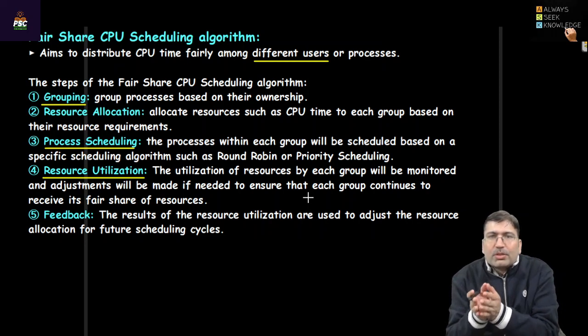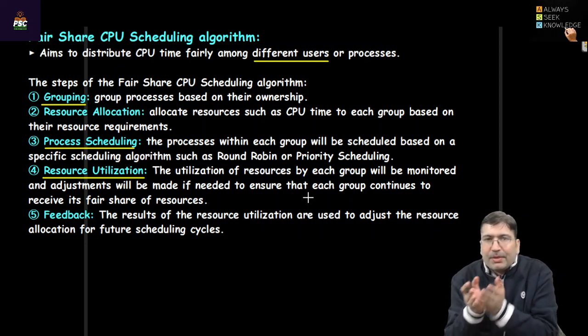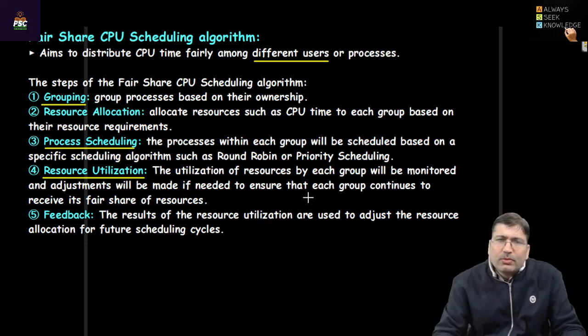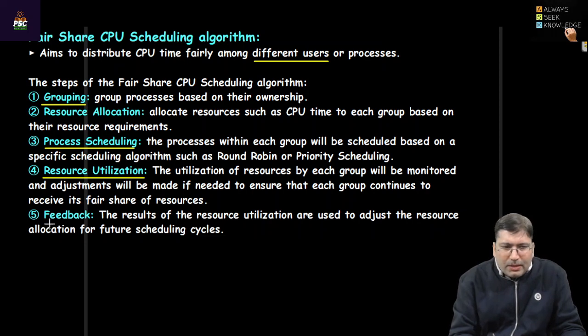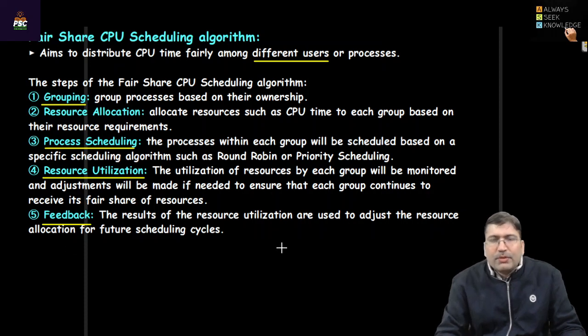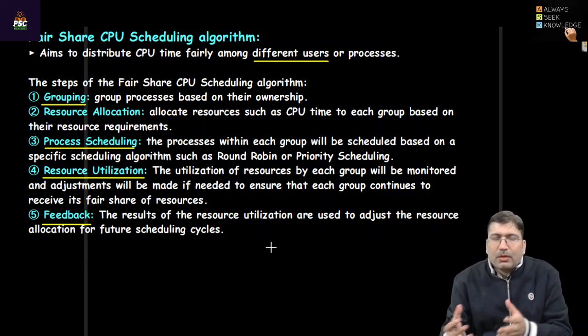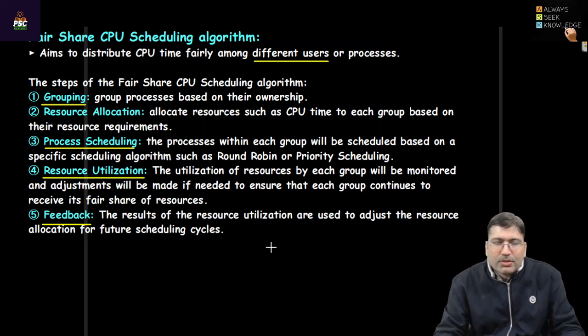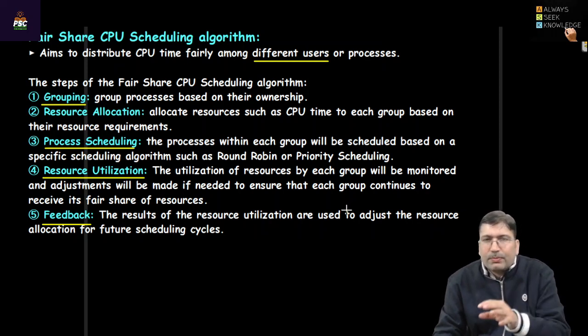If the allocated resources are not being utilized by a particular user's processes, then the resource allocation can also be changed. There is a provision for that. That is considered as feedback, right? So based on the feedback, the resource allocation can be shifted or changed from one group to another group.